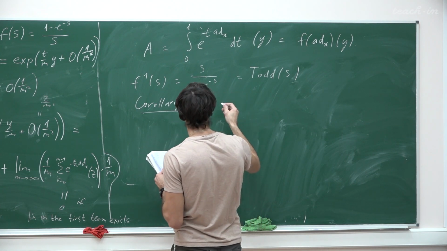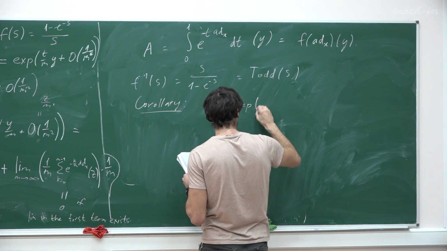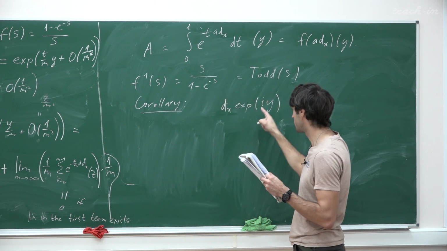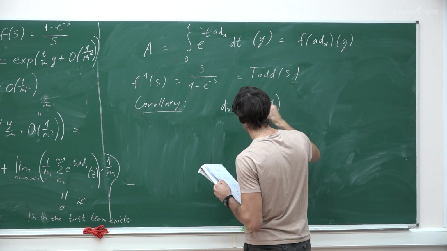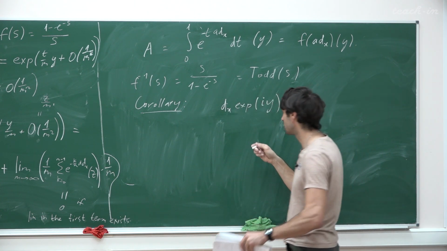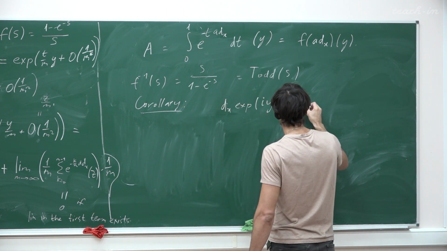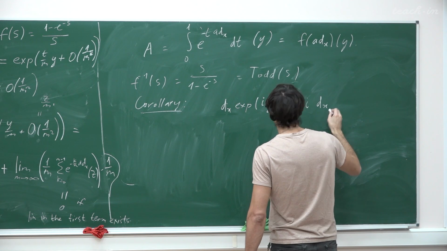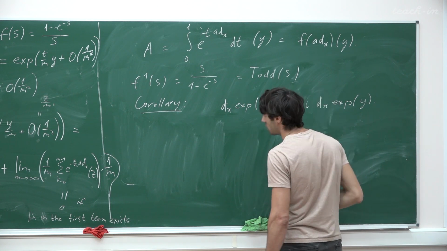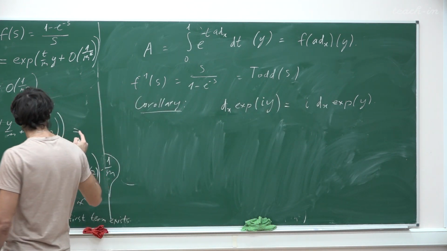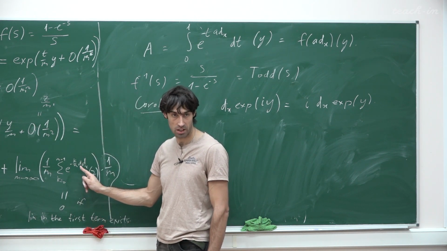If I take the differential of the exponential map applied to iy, where i is the root of -1, then I can factor it out: d_x exp of y. This is just because Ad x is C-linear, right, if I have a complex manifold.